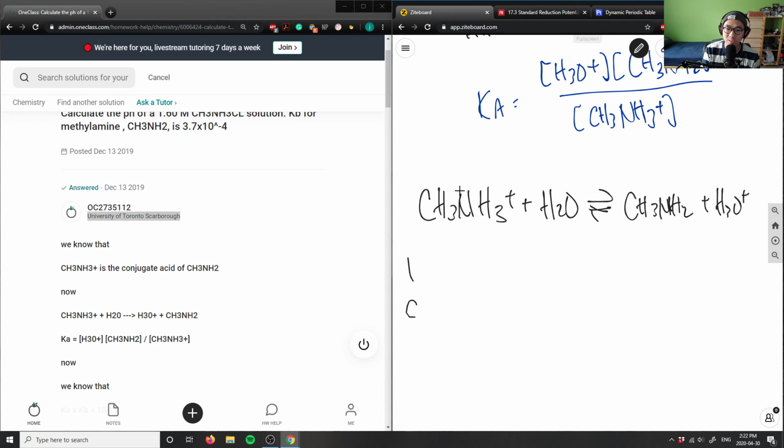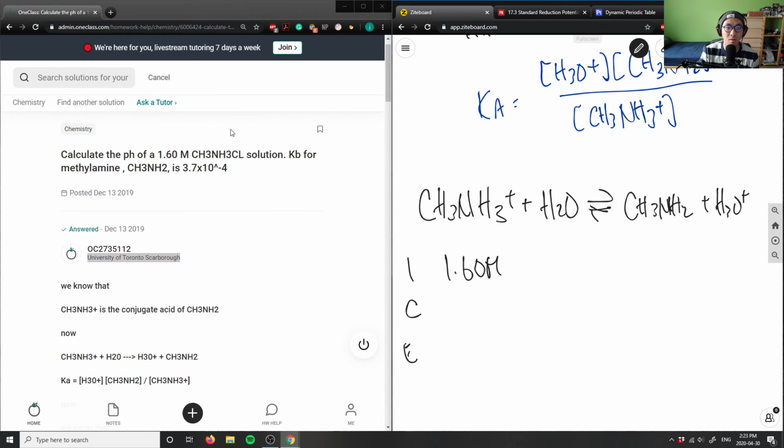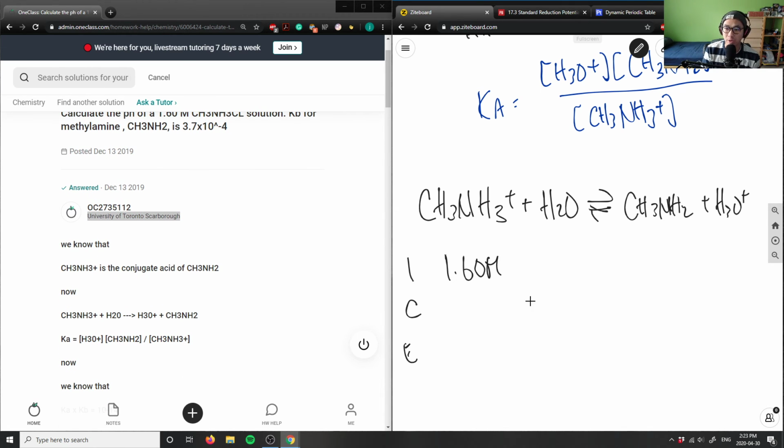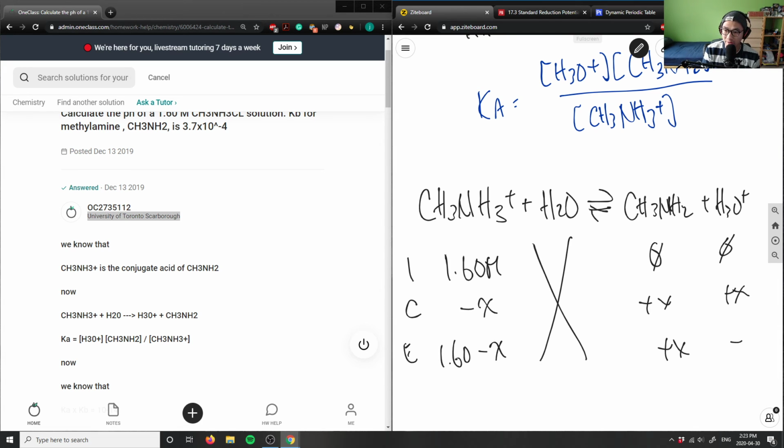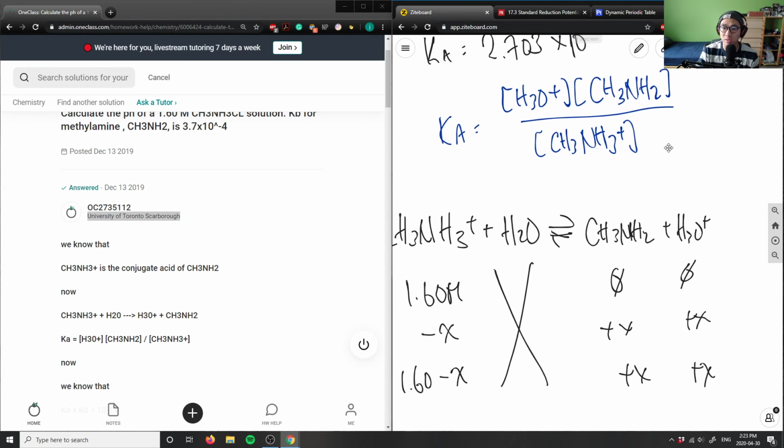Initially I have 1.60 molar of the solution. I don't care about my water here, and for these I have 0 and 0. I'm going to subtract x and add x on both sides, like so.